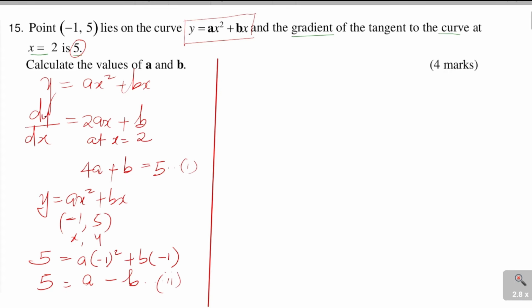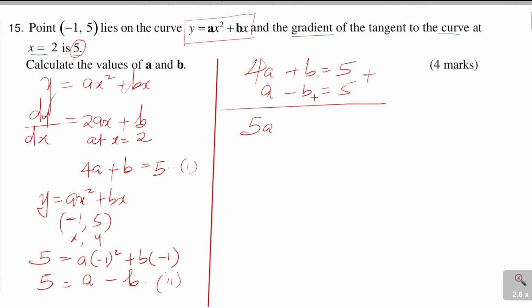So now we have two equations. The first one is 4a + b = 5, and the other one is a - b = 5. You can use any suitable method. I'll use elimination, and I'll start by eliminating b. We have b and negative b, so I'll add the two. 4a plus a, you get 5a.